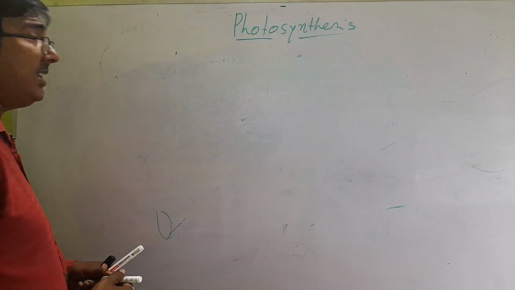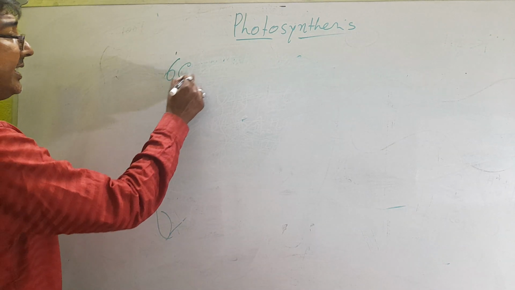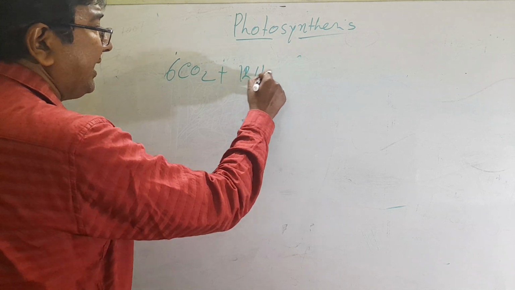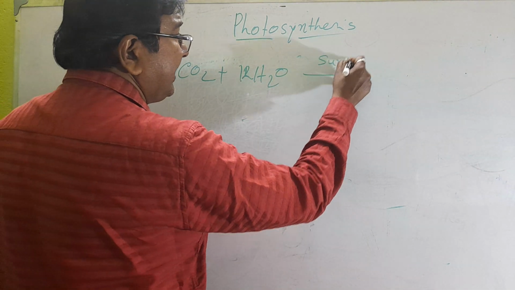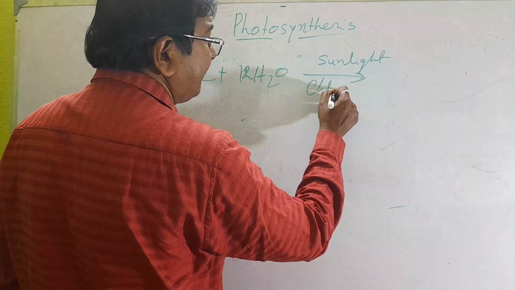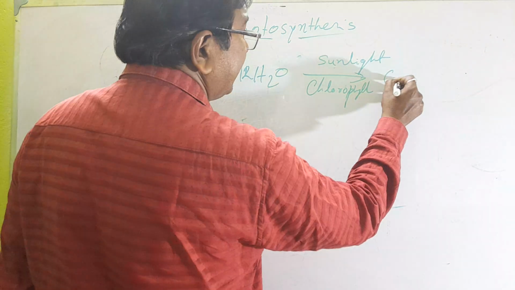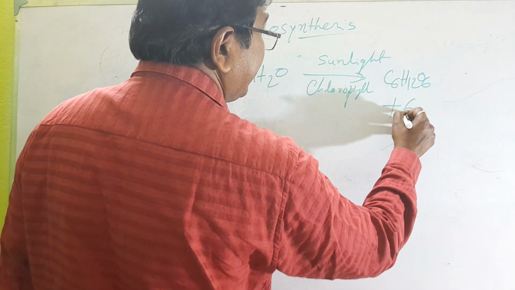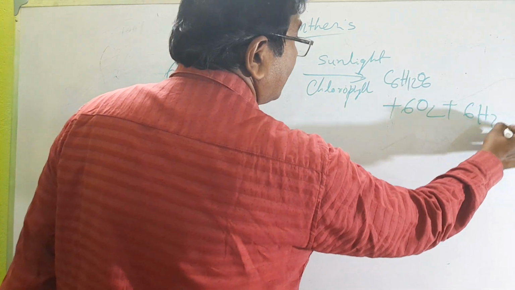And what is the chemical equation? The chemical equation is 6CO2 plus 12 H2O, with an arrow, sunlight on the upper part and chlorophyll on the lower part, giving C6H12O6 plus 6O2 plus 6H2O.